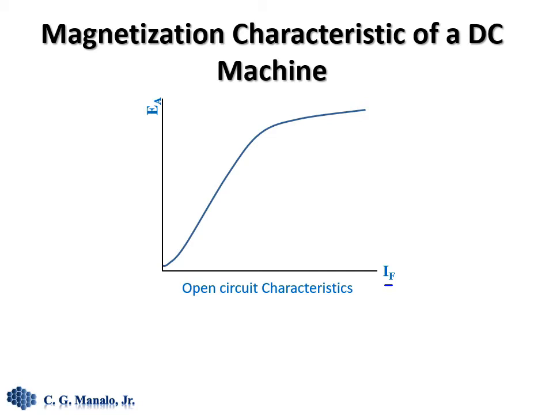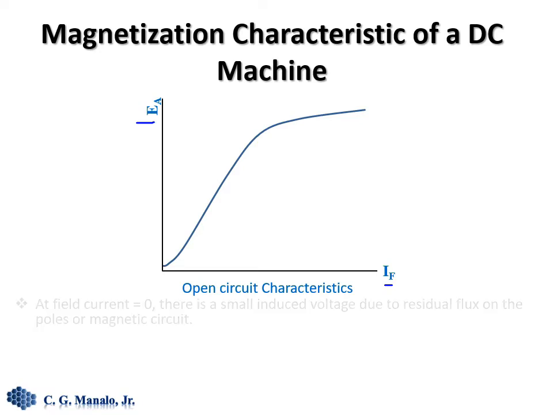Normally this will be produced by running the DC machine at a constant rotational speed and varying I sub F to different values and observing the generated voltage. That would give us this typical curve that is usually found in DC machines.